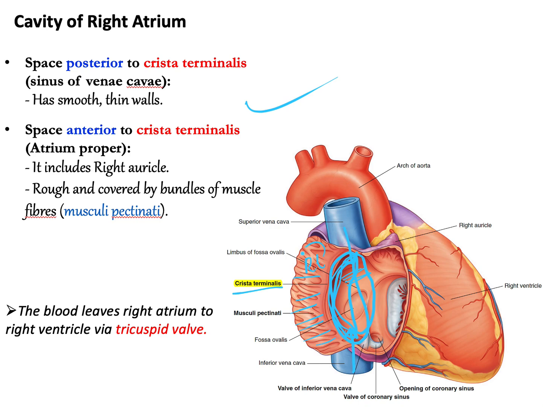This is an auricle, which is the atrium proper. So then once the blood reaches the right atrium, it will move to the right ventricle through a valve, the atrioventricular valve. This is the right atrioventricular valve, known as the tricuspid valve. We'll talk about it.